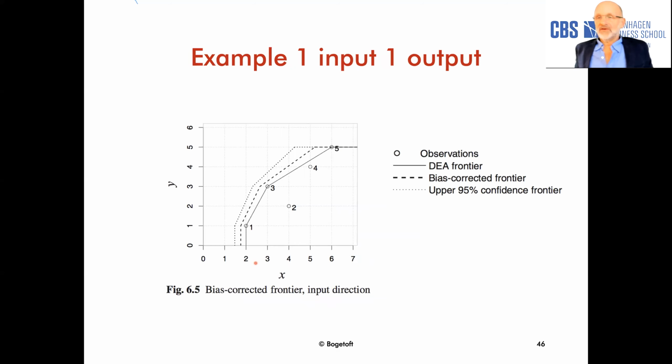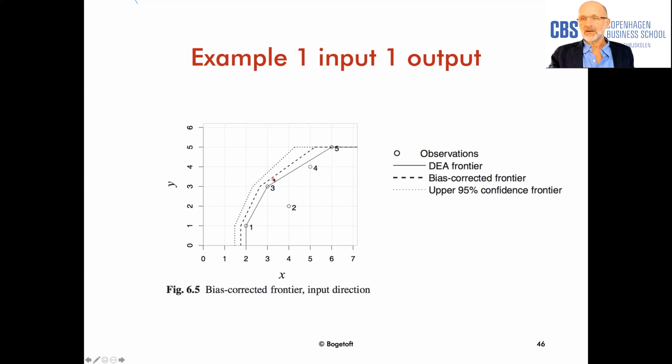Let me give you a couple of examples of what that might look like. So assume that I have a very simple case with 5 observations. If I correct for the bias, I can estimate a bias for this one, and for this one, and for this one, and so on. So if I do that, then I get to this one here.